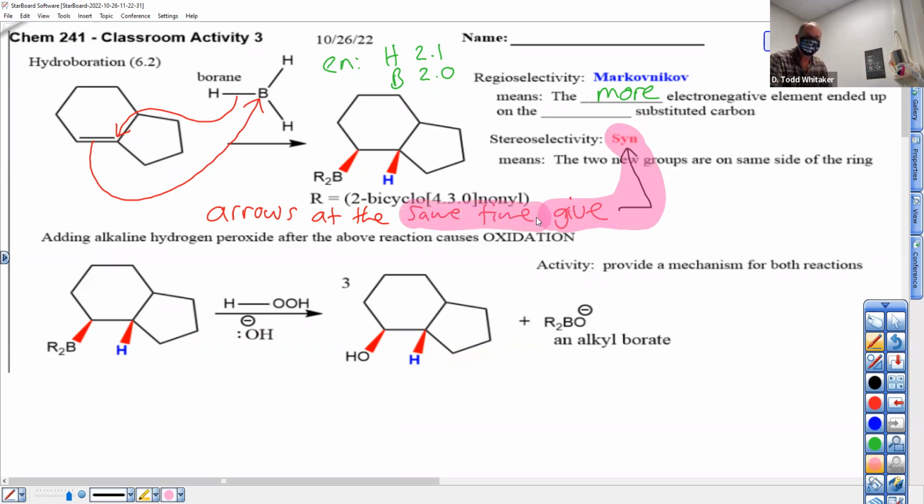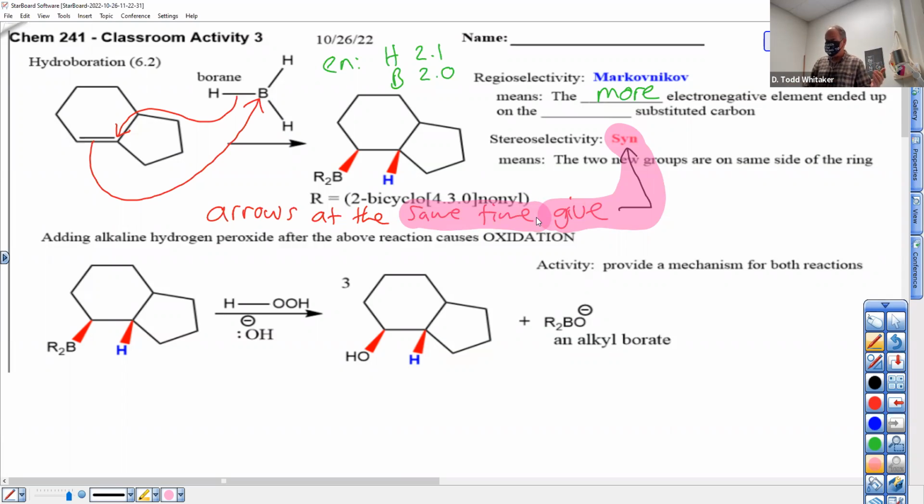Same time gives syn. And you just think about it. Here's a ring. It's kind of flat-ish, right? In my hand. Can you have the BH3 be both here on top and here on the bottom at the same time?